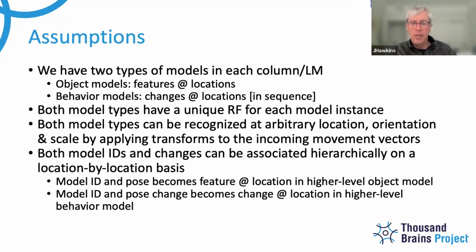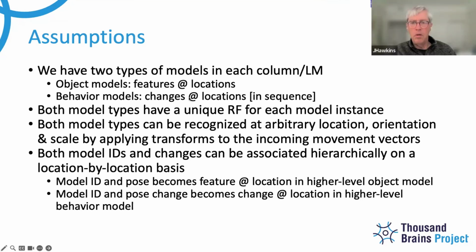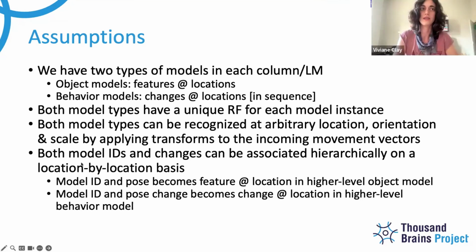Is that the behavioral model there? So at the higher level, this would be the behavior model. At the second level, we have the behavior model, and that one only stores changes by the definition up here. So that one only stores something if the model ID at the lower level changes.